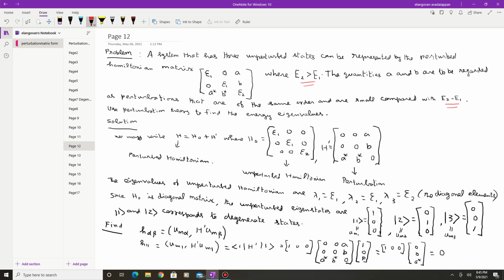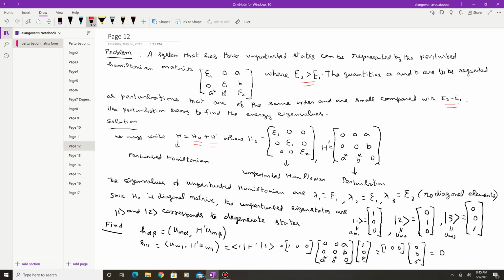So the first step is you have to write down the perturbed Hamiltonian in terms of unperturbed Hamiltonian plus perturbation. That is your first task. So write down the H0 in this form, and this is H prime in this form. Now here this is a perturbation, but the unperturbed Hamiltonian is found to be a diagonal matrix.